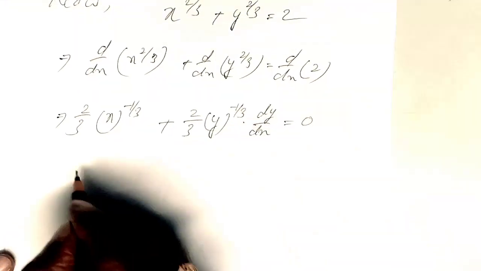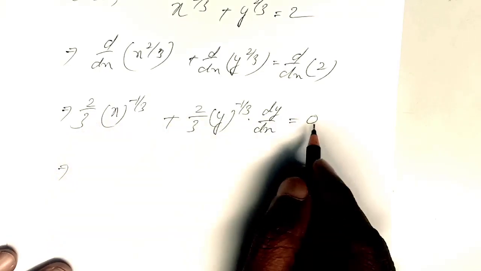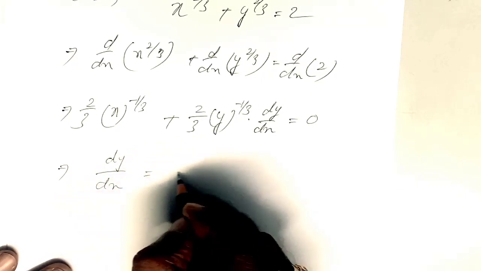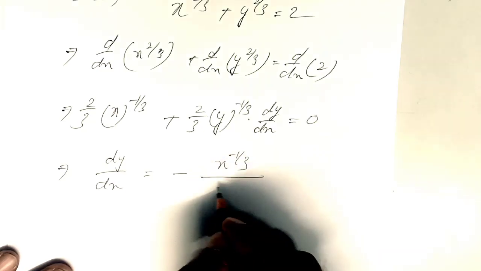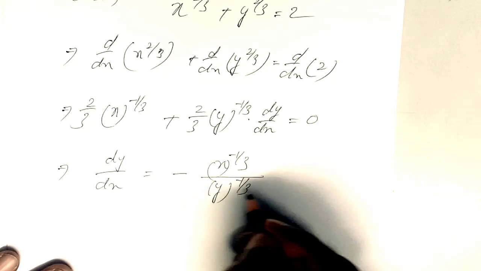Okay, and next you have to find out dy by dx. Take 2/3 and cancel from 0. That means finally dy by dx will be how much? Minus x to the power minus 1/3 divided by y to the power minus 1/3. Okay, so what is the result?